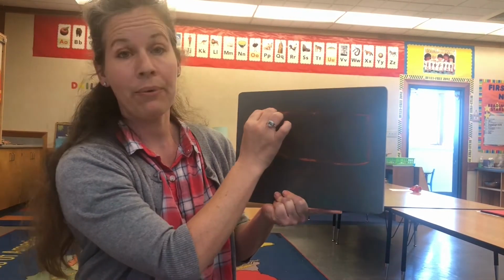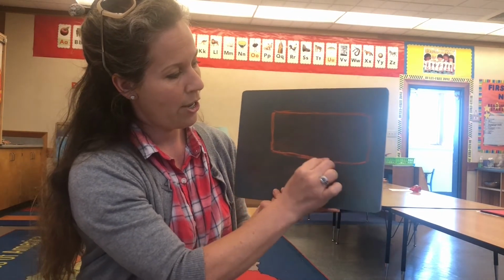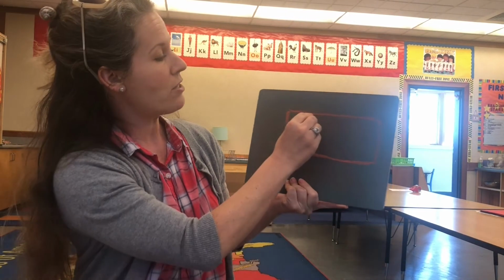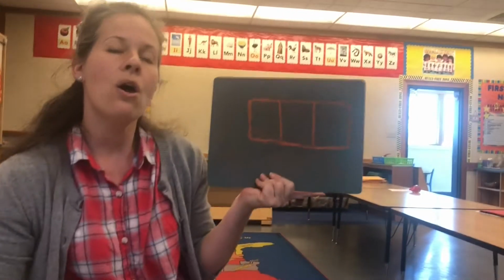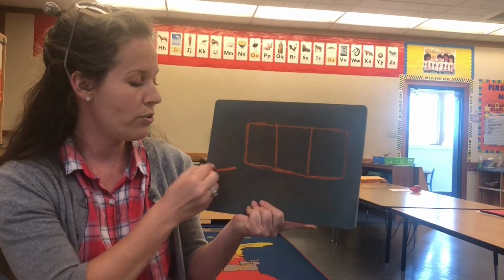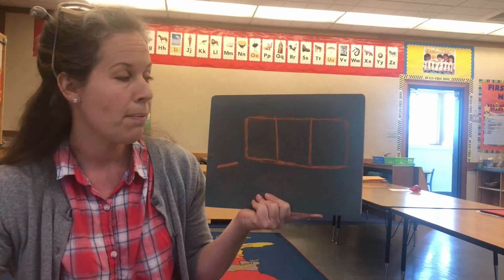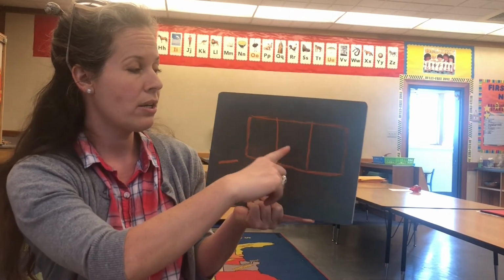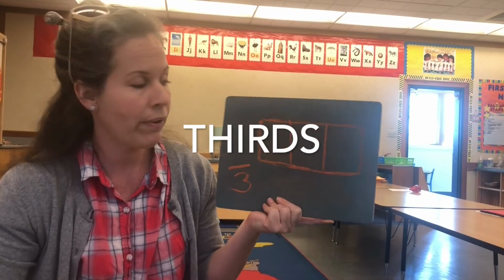Okay, my rectangle is looking a little bit shabby all of a sudden. Here we go. Okay, so now I'm going to divide it into thirds. Who can tell me what number goes on the bottom of the fraction, the denominator? Who knows? If you said 1, 2, 3, you're absolutely correct.